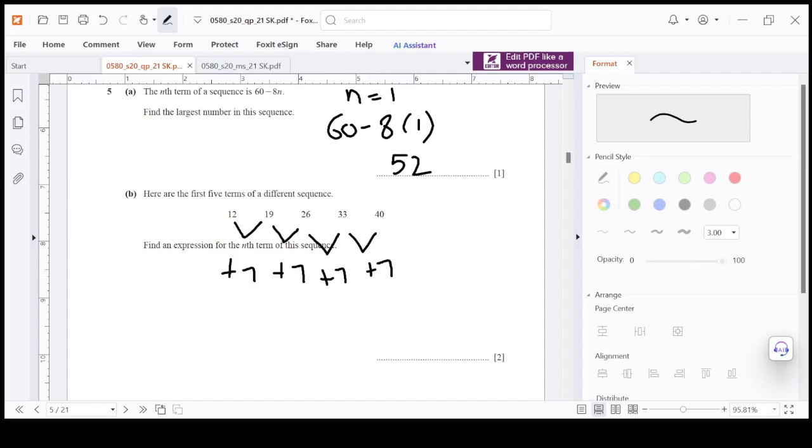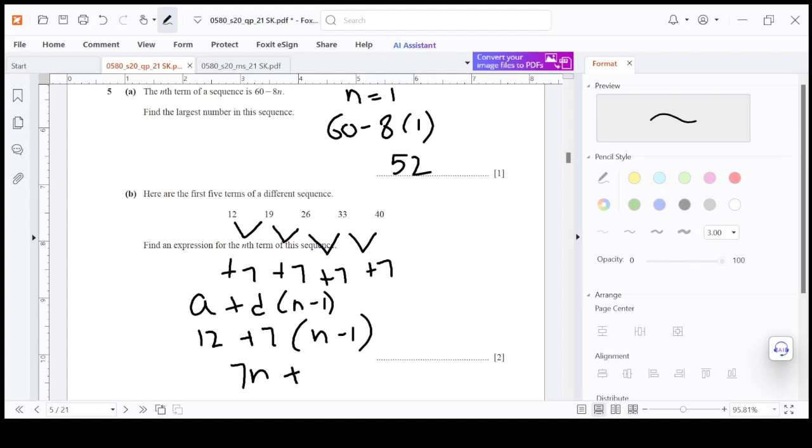So this is a first level common difference. The formula for that is a plus d times n minus 1. a is the first term, d is the common difference, times n minus 1. It's going to be 7n plus 5. That should be the answer. Yes, that is the answer.